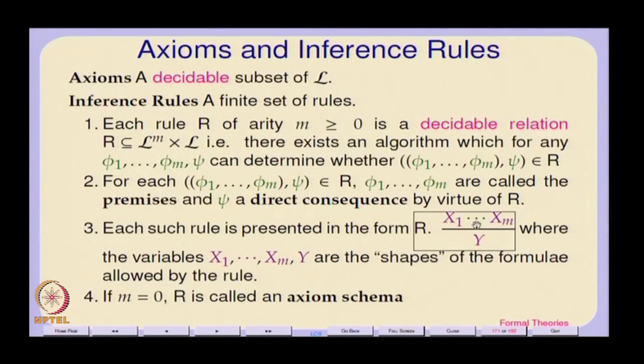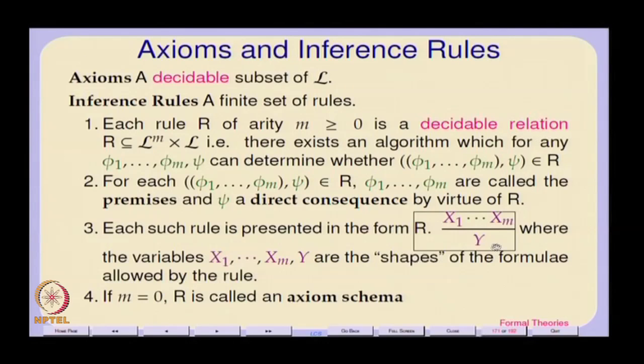Inference rules can often represent infinite relations in which one statement is a direct consequence of one or more other statements. Since it has to be a decidable relation, even if it is infinite, what we expect is that there will be some pattern matching and substitution way of expressing this infinitary relation.